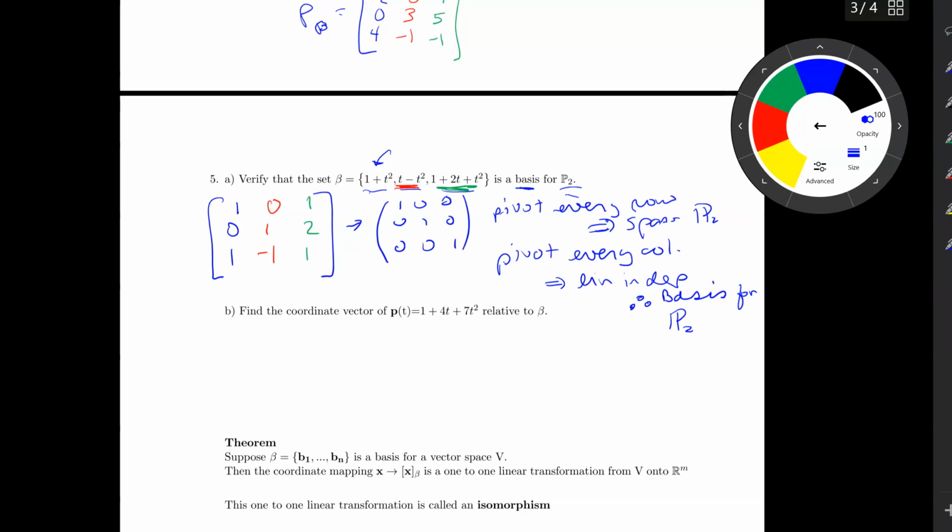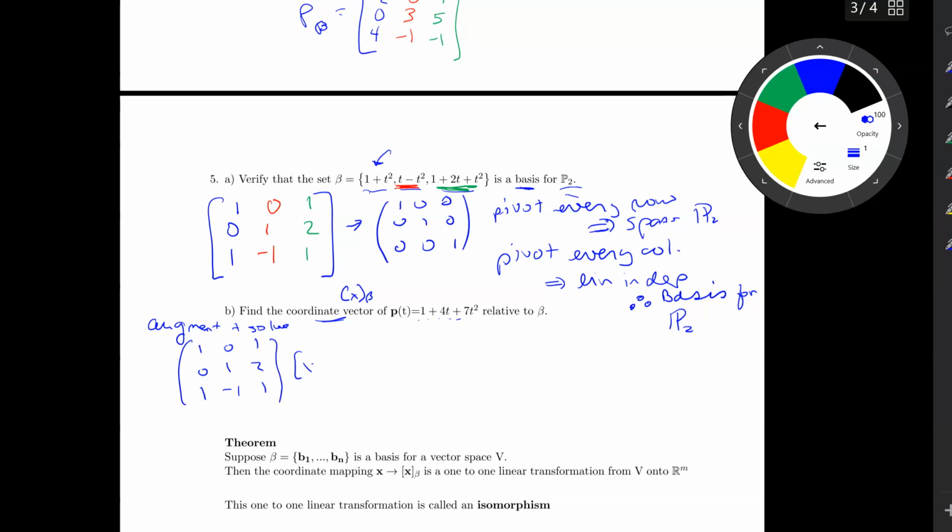Okay, so now we're looking to find the coordinate vector. This means find the x sub betas, right? The numbers in front of the basis vectors that get me to this. So that means I'm going to augment and solve, right? Because I'm finding 1, 0, 1, 0, 1, -1, 1, 2, 1.